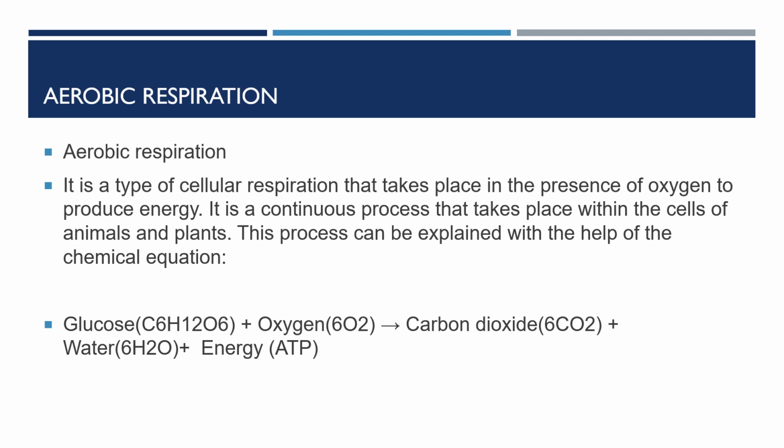Now here we come to the definition of aerobic respiration. It is a type of cellular respiration that takes place in presence of oxygen to produce energy. It is a continuous process that takes place within the cells of animals as well as plants, that is, only in living organisms.